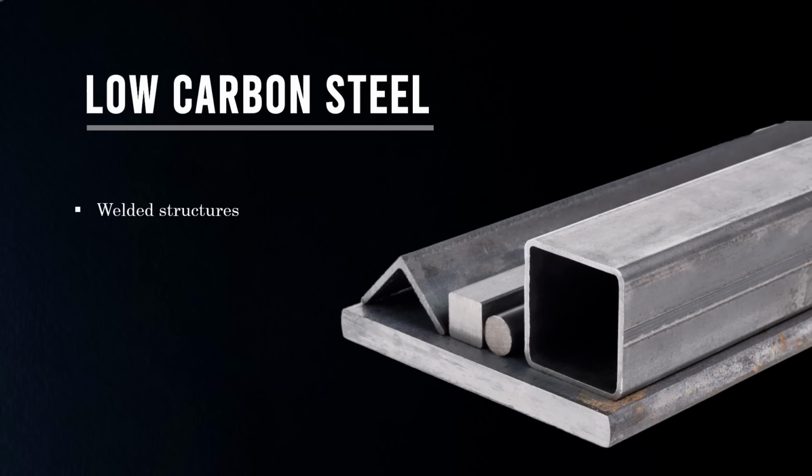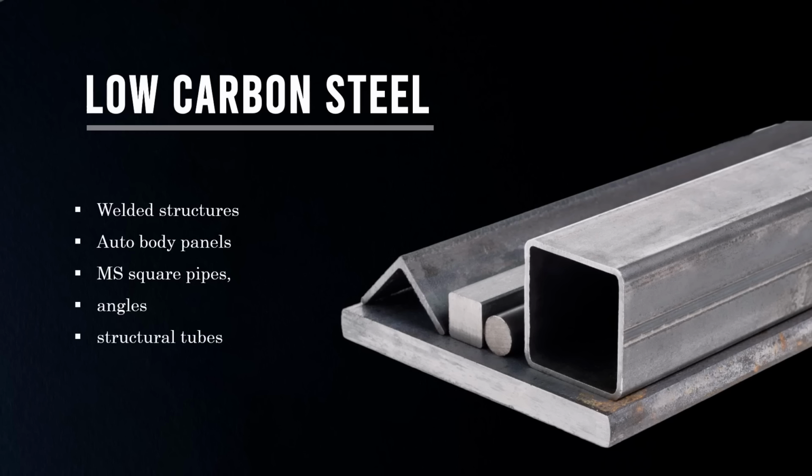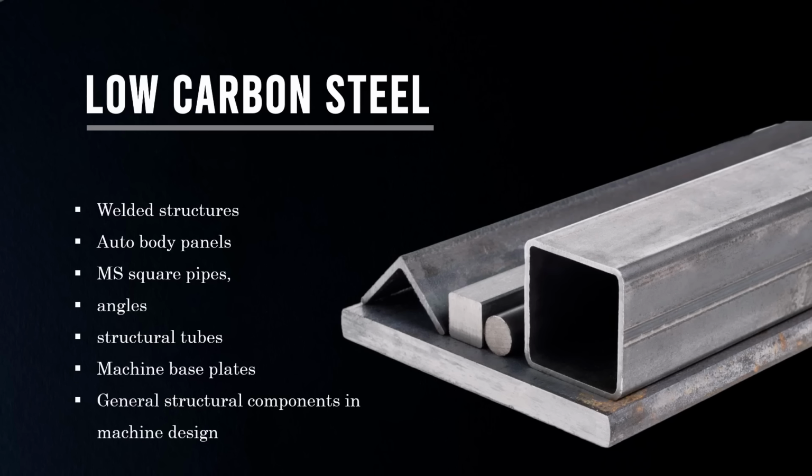Used in welded structures, automobile body panels, MS pipe, MS angle, structural tube, because they are easy to weld. Also used as machine base plates and general structural components in machine design. And in Indian markets, it's commonly known as MS, mild steel.